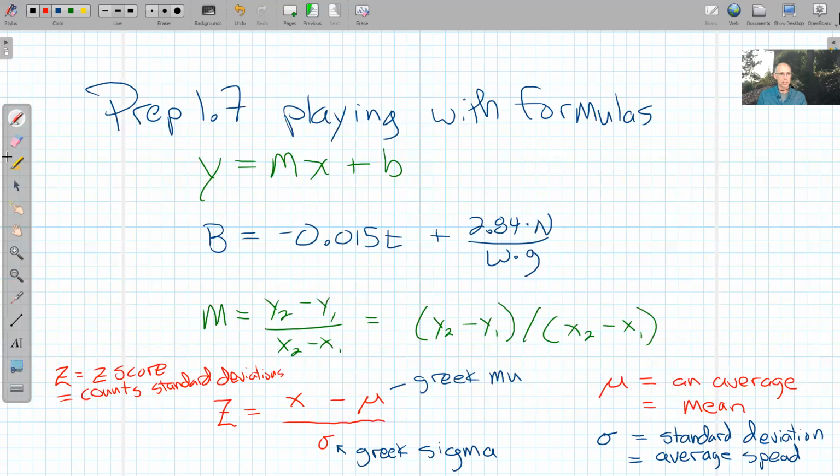And then x, the last variable there, is just some given measurement. I'll give an example of this.